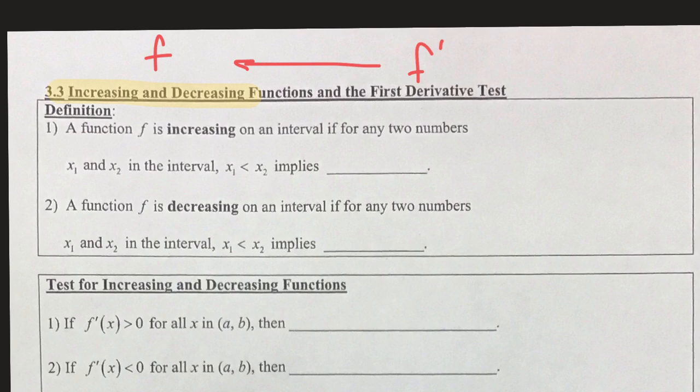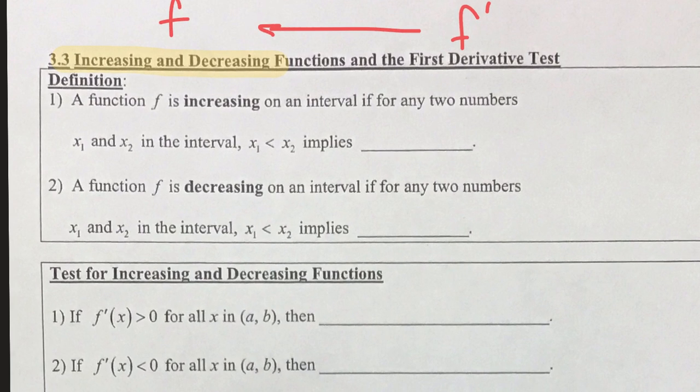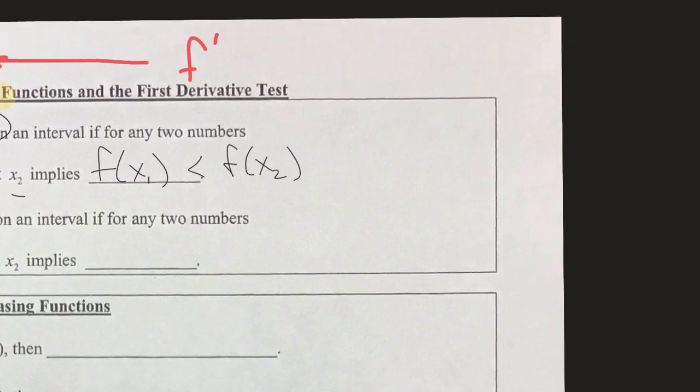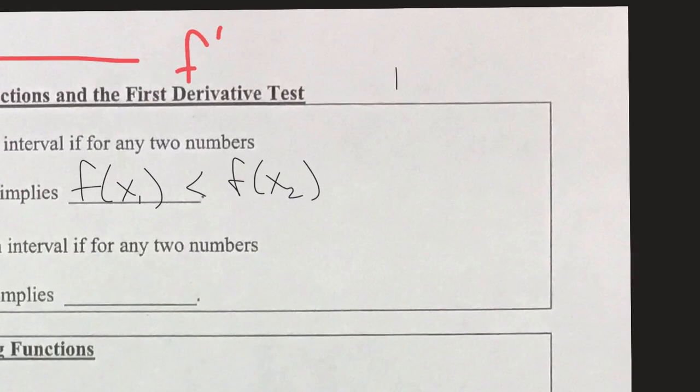Okay, so some pretty basic things to begin with. If one x value is less than another x value, and our function is increasing, that means the y value is going to be less than the second y value. Let me draw a picture of this just for fun.